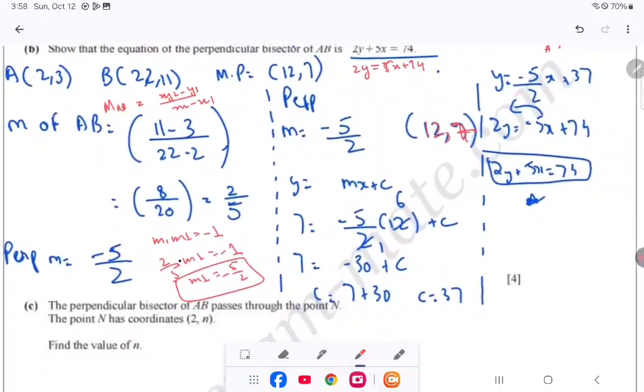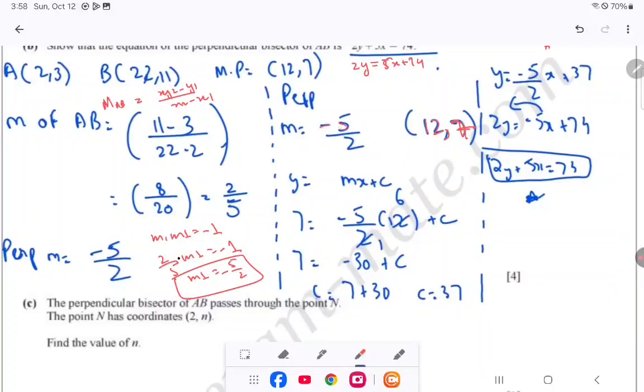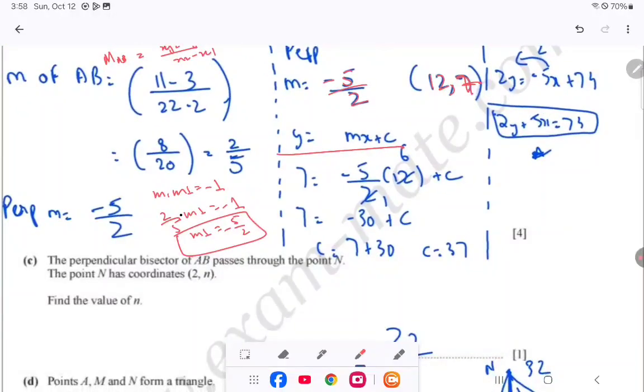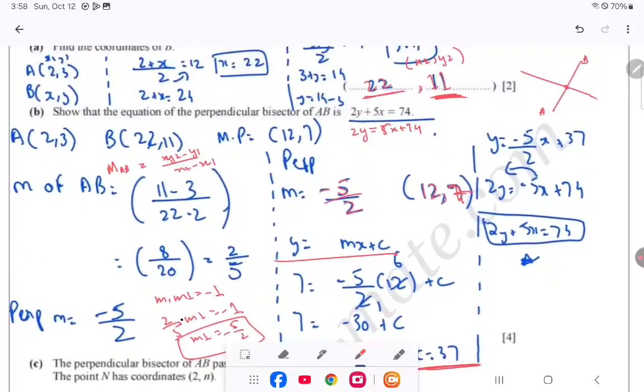We select the slope which we just calculated, negative 5 over 2, and put it in the line equation y is equal to mx plus c. Calculating the value of c gives 37. Put it into the line equation y is equal to mx plus c: this is our value of m, this is our x, and plus 37.